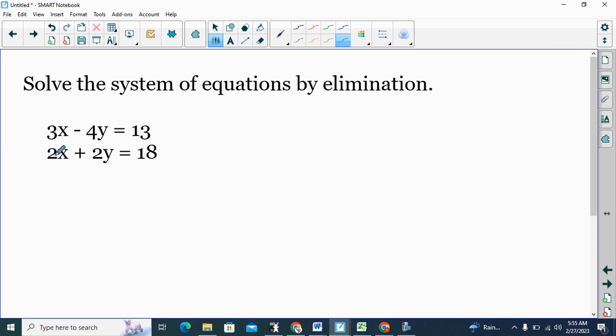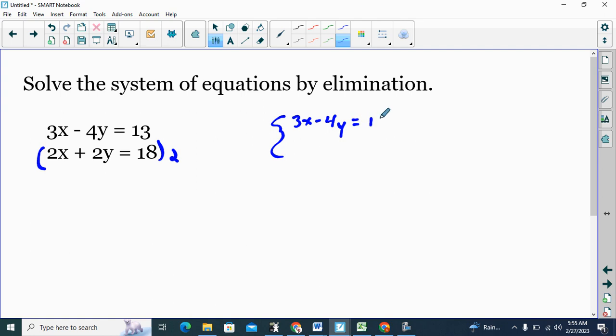So 3 and 2 don't cancel out, and there's nothing easy that I could multiply one of the equations by to make them cancel out. Negative 4 and 2, well, they don't cancel out as is. Negative 4, I want this one to be positive 4. Well, I can make that positive 4 simply by multiplying this equation by 2. So let's multiply that bottom equation by 2.